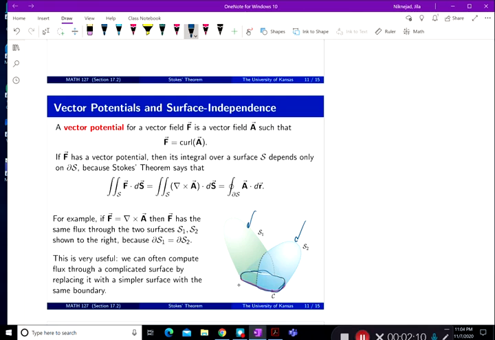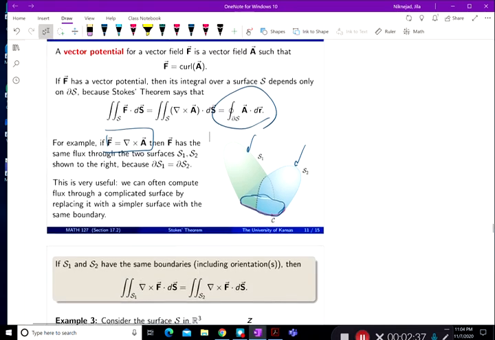And so if there is an F that is the curl of a vector field A, then basically the surface integral of that F over the green surface or the blue surface is supposed to be the same thing, and it's going to be equal to this integral over the boundary.